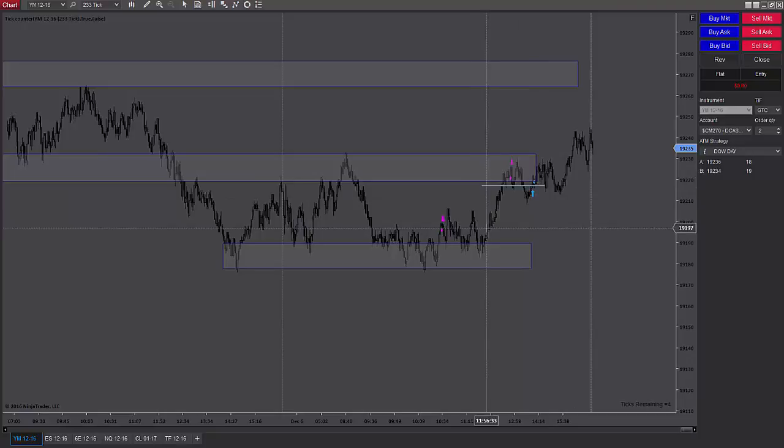I want to make sure that we are clear on adding to a losing position versus adding to your trade. There's a couple of fundamental, very strict rules when you do this. Number one, the reasons for entering the trade must still be valid.